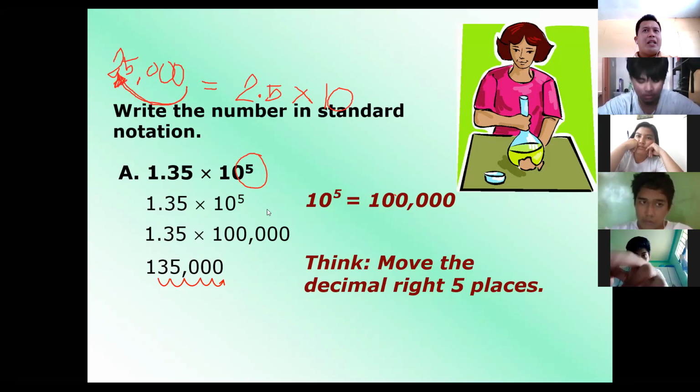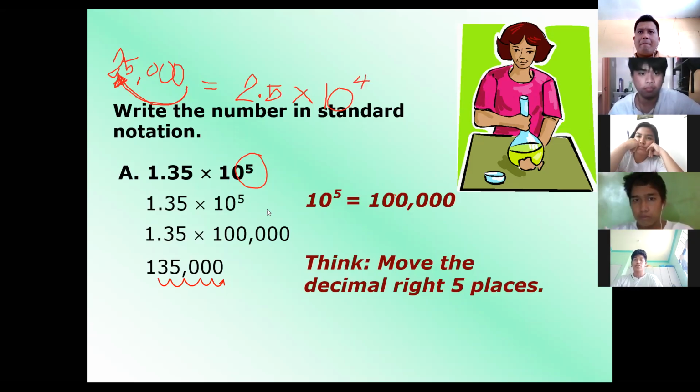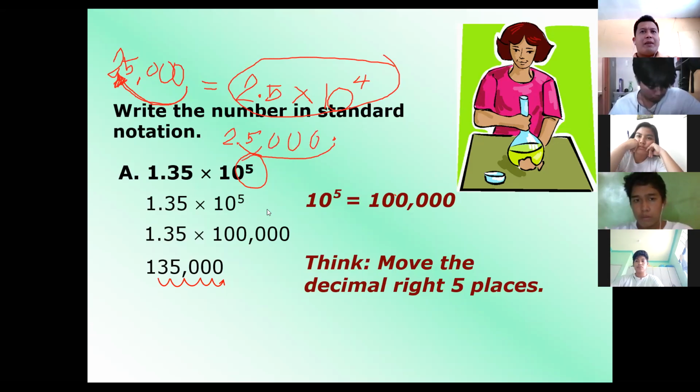Since the given is a whole number, the exponent is positive 4. Changing this to standard notation, since the exponent is positive, we need to move it 4 times to the right. Therefore, the answer goes back to 25,000.